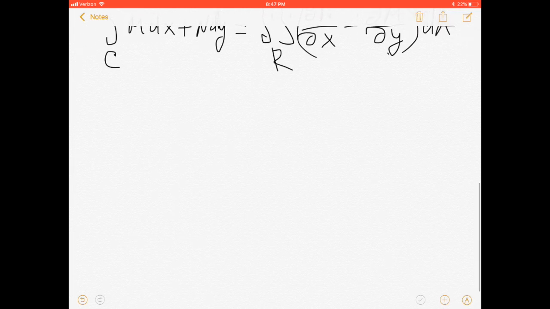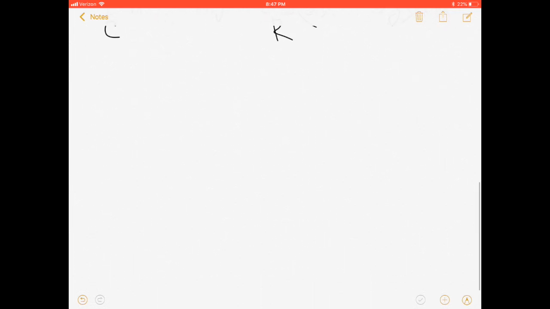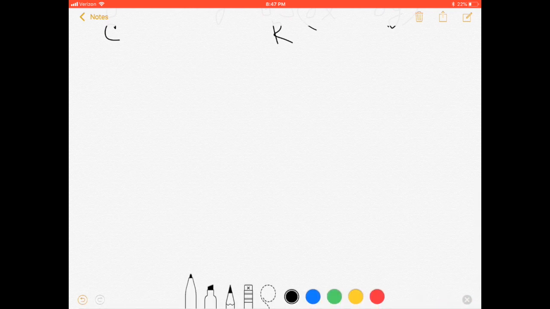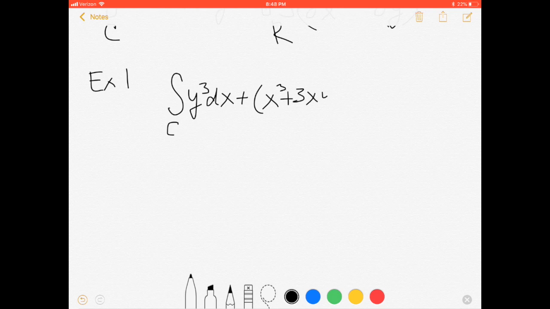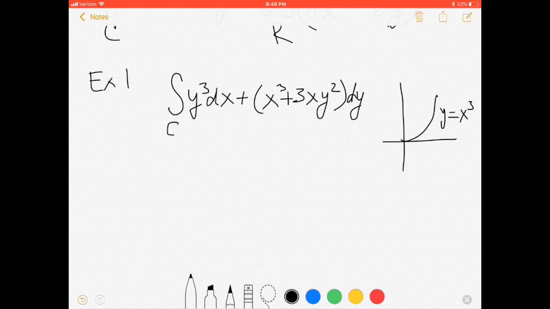And then we have an example. Example 1. Let's find the integral over curve C of y cubed dx plus (x cubed plus 3xy squared) dy, where your region is between y equals x cubed and y equals x.